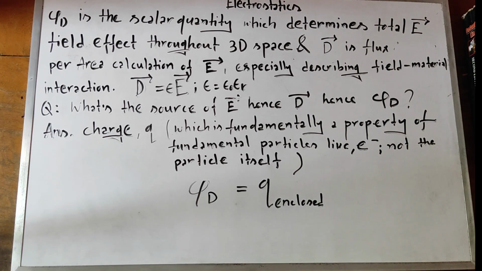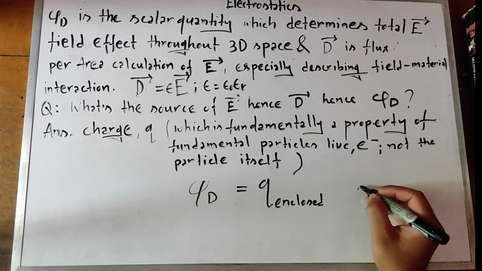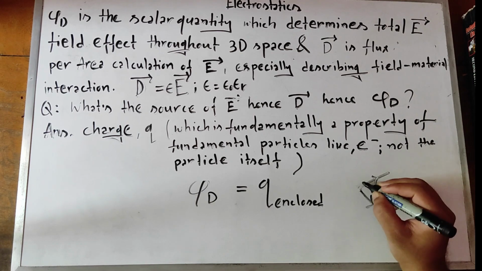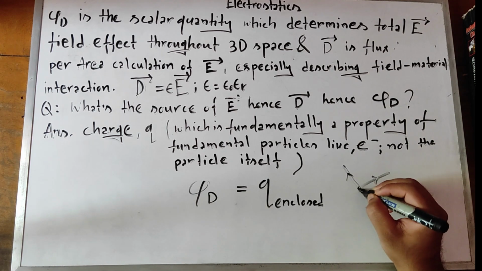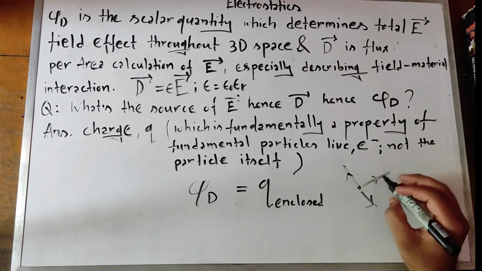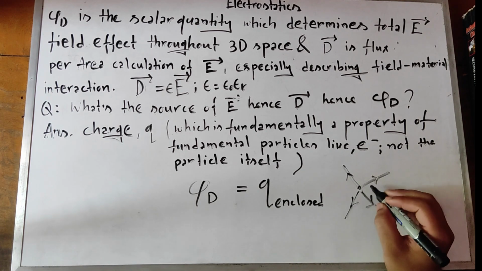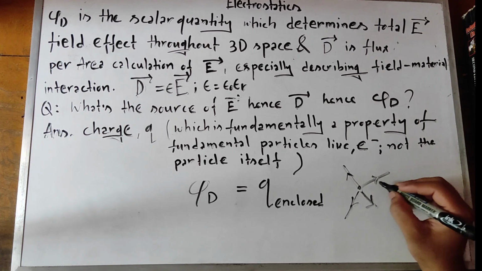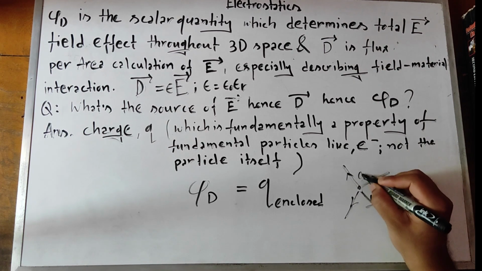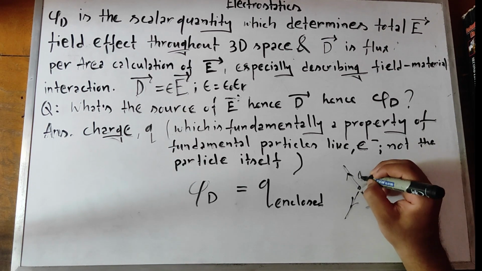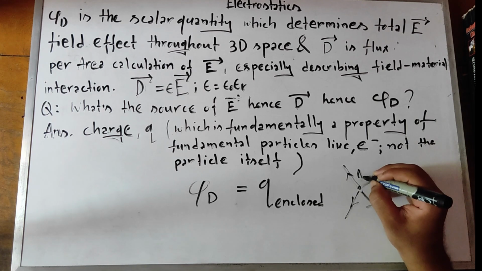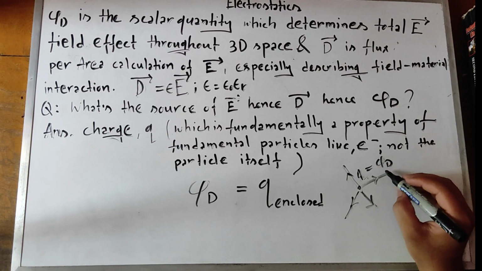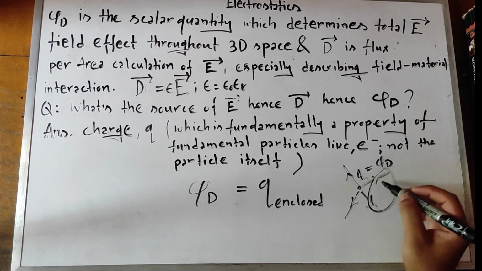The idea of charge existing at a point, say this is the point, this charge can be replaced by electric flux. So q is literally equal to phi d through a closed surface.